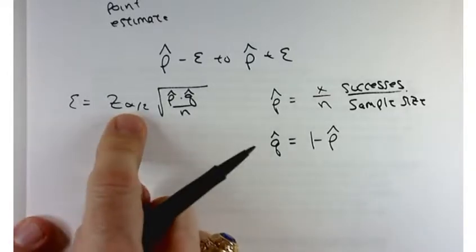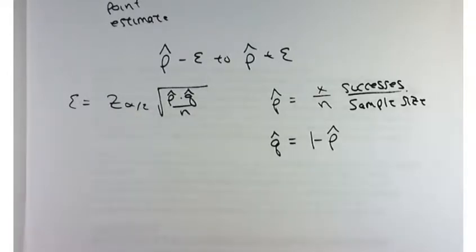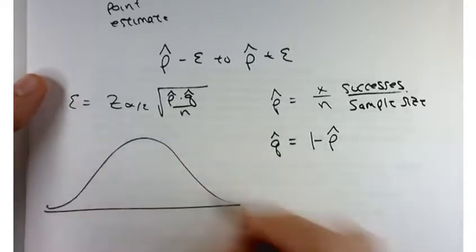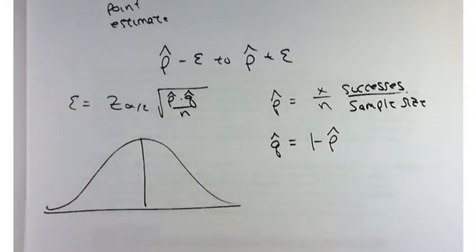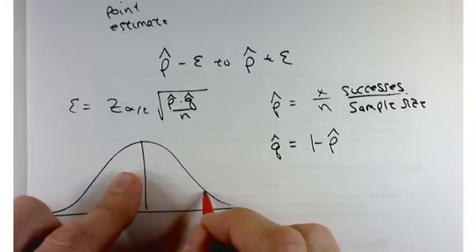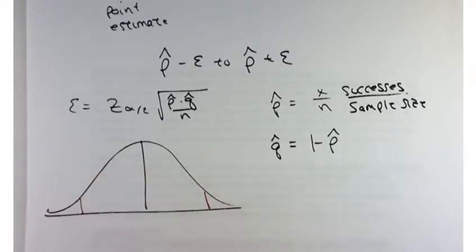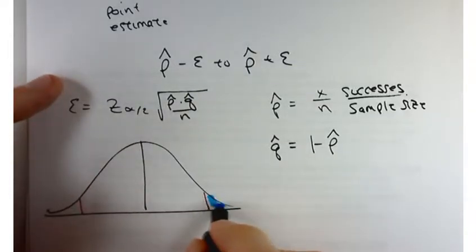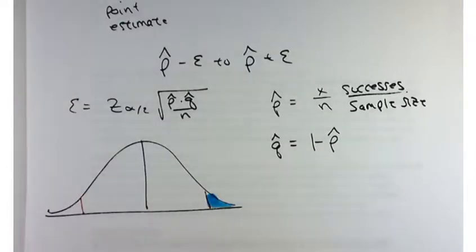Now z sub alpha over 2 is part of the calculation of our error term. Let's keep in mind what z sub alpha is. Z sub alpha is the area in the right tail of a distribution. So z sub alpha over 2 is going to put alpha over 2 of the area in that little portion here. This area is going to be alpha over 2.